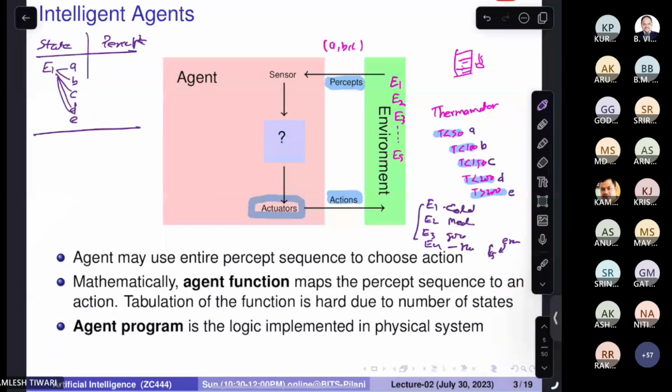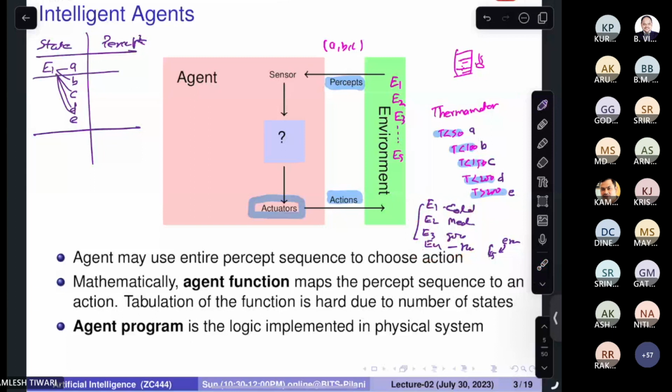Yes or no? Yes, sir. Maybe, maybe not. If it is a cold state, how can the temperature be greater than 200? Maybe I am getting the temperature from some other source, like how much temperature my furnace is having. So the overall operating structure is this, and there are a few states.